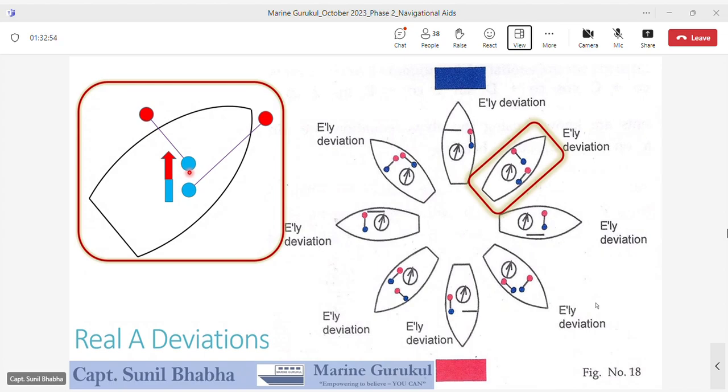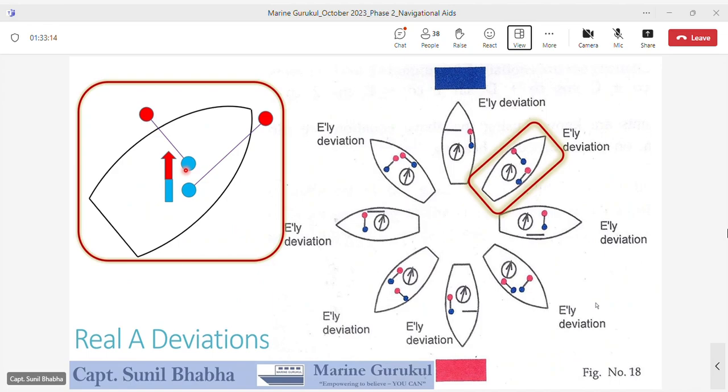Now look carefully. The blue pole is generated in the longitudinal as well as the beam, and this is the pole which is closer to our compass. The red poles generated are far away from the compass. So blue poles are the ones which are going to affect our compass.